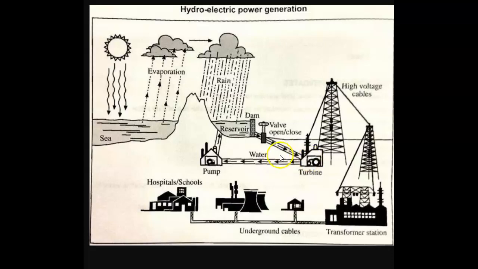And then here you've got an interesting process, because look what happens. You've got it being pumped back to the reservoir. All right, so it's like a multi-step process at this point. So one thing you could say is that once the water enters the turbine, the electricity generated, or the electricity which is generated, is transferred to high voltage cables, while the water through the pump returns to the reservoir.